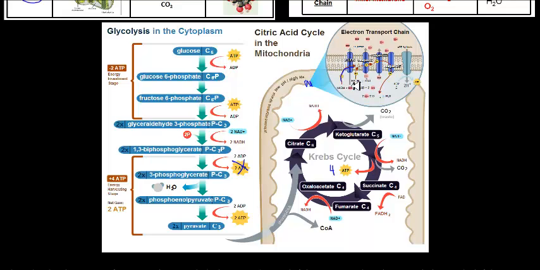You can see we go this way and that way, and this is where we produce those 32 additional for a grand total of 38 ATPs.